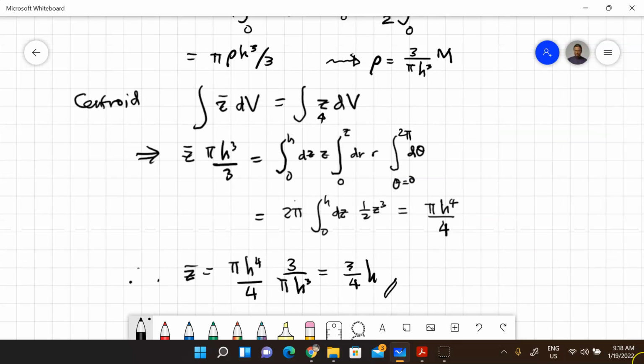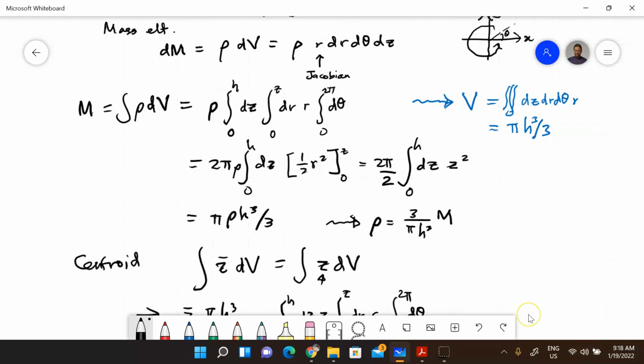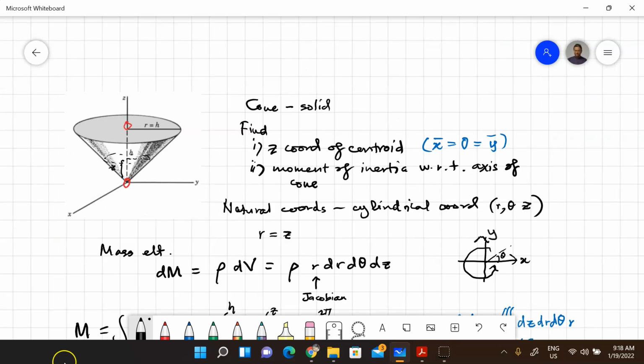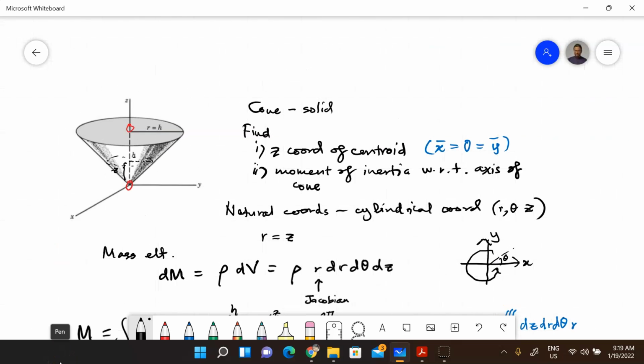What is the axis of the cone? The axis of the cone is simply your z-axis. So in other words, what is the perpendicular distance over here? The perpendicular distance will be your x squared plus y squared.